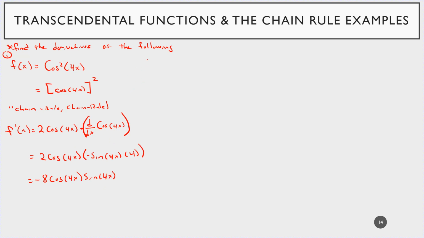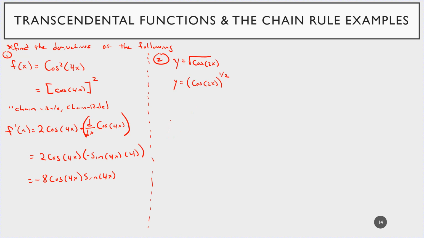Let's do another one of these chain rule twice problems so you can see what's going on here. Let's try y is equal to the square root of cosine of 2x. So this is y is equal to, in parentheses, cosine of 2x to the 1/2 power.